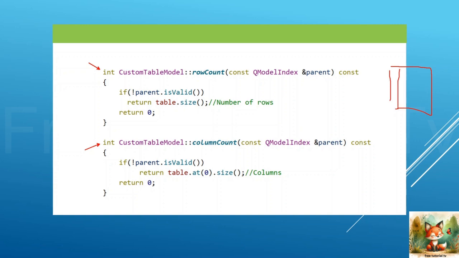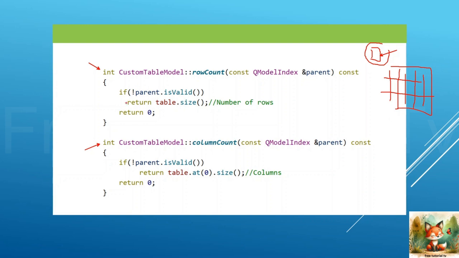So suppose we have a table like this, or the first level table in our model, and we have root sitting on top here. If we take a root model index and call isValid on it, it is going to return false. So this is just a way to check and see if we are either dealing with the root item or any other item in the table here.